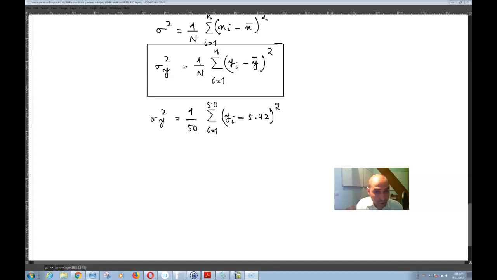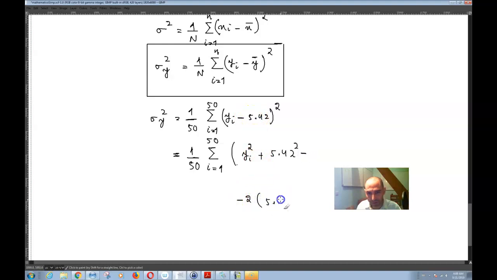You want to calculate sigma of y squared, and I can simplify this as, for example, 1 over 50 times sigma of i goes from 1 to 50 of, and then I can expand this, meaning that I can write this as y of i squared plus 5.42 squared minus 2 times 5.42 times y of i, which is equal to 10.84 times y of i. So negative 10.84 times y of i.